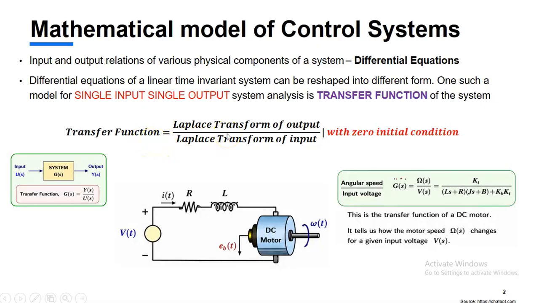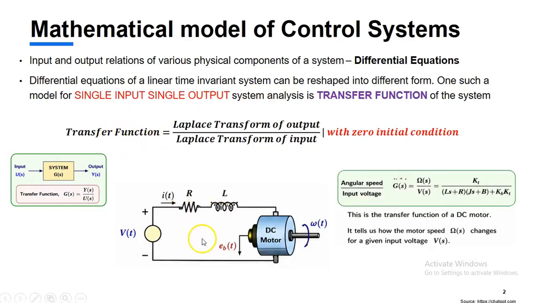It is nothing but the Laplace transform of the output divided by the Laplace transform of the input. We are assuming zero initial conditions. How can you compute the transfer function? For this particular control system, you can write the differential equations. If you take the Laplace transform of the differential equations, we will get the transfer function.